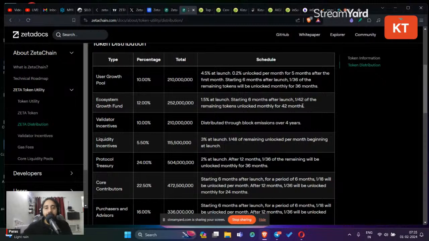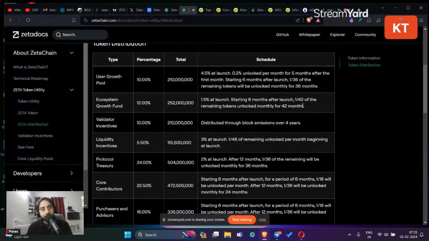Only after 6 months will the ecosystem growth fund, liquidity incentives, validator incentives and protocol treasury all start releasing their tokens, and that's when the supply will increase. So if you are about to trade today, the supply will be at its lowest today, and after a span of 6 months it is about to increase.